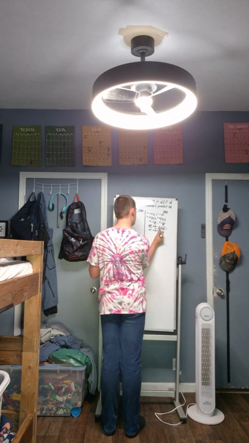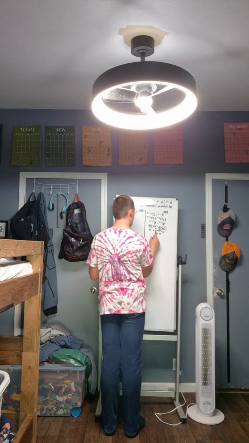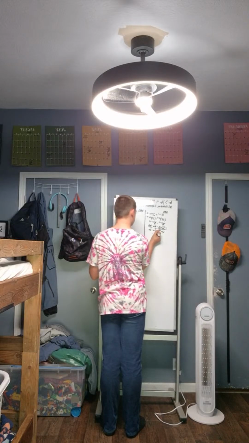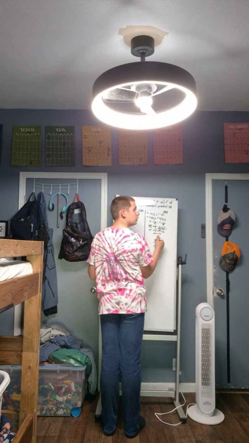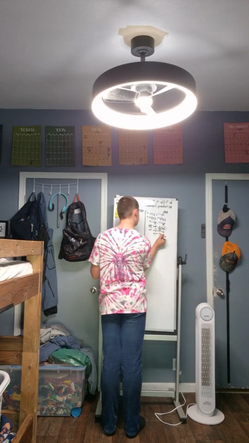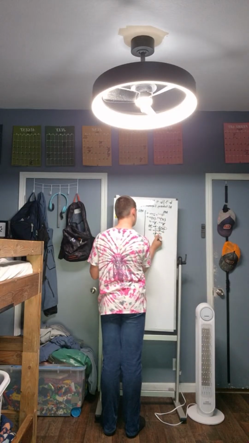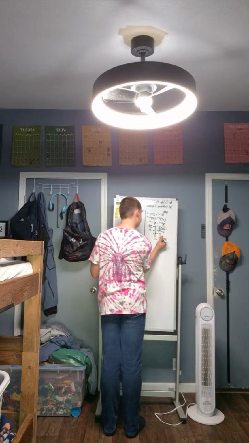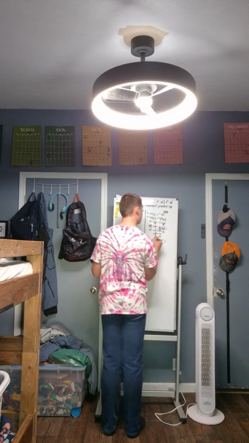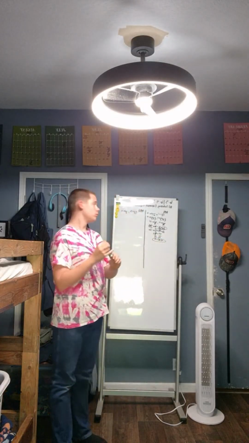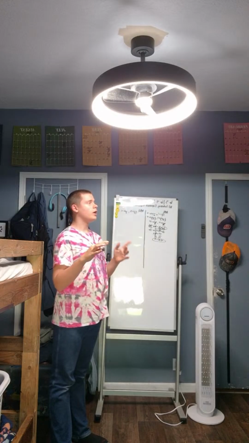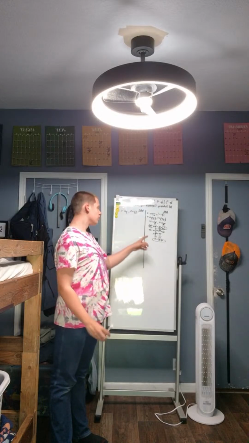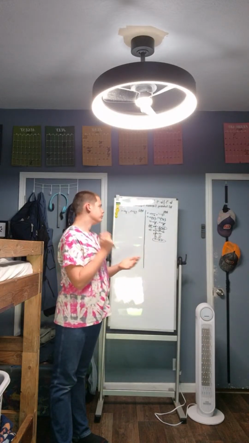So that's 17 equals 4x. Then we divide both sides by 4. x equals 4.25. You just had to cancel out the base.